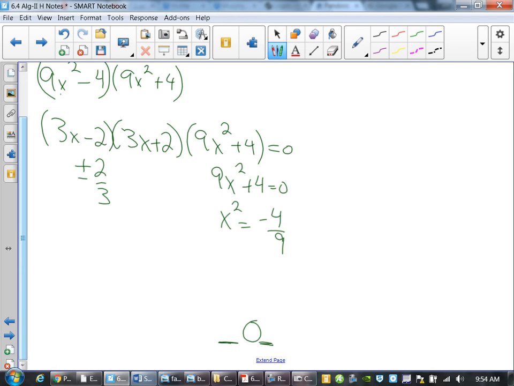What's the square root of negative 4/9? Plus minus. Well, what's the square root of 4? What's the square root of 9? 3. And what's the square root of negative 1? i.